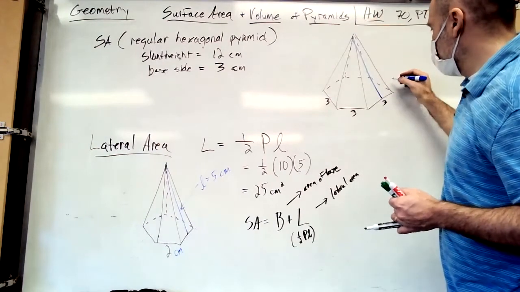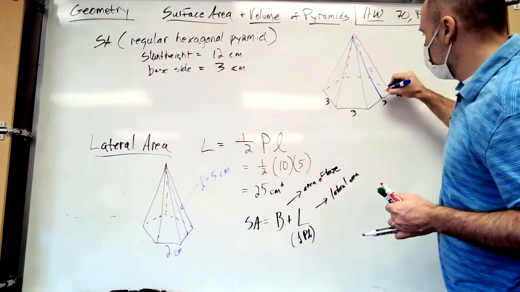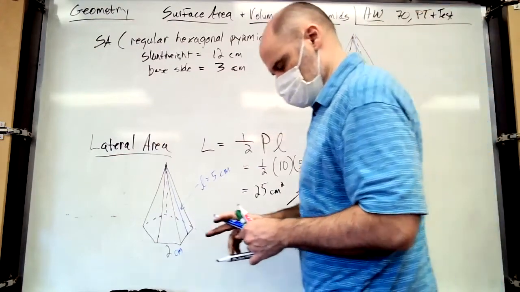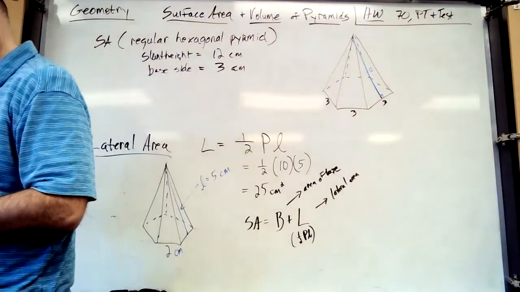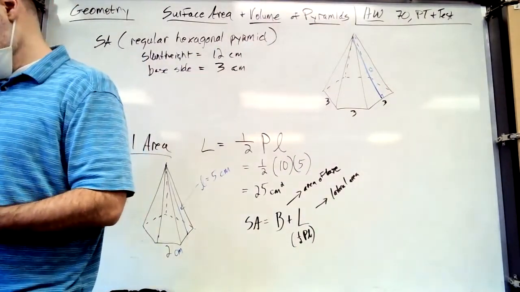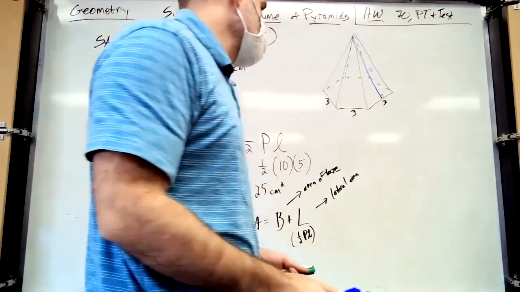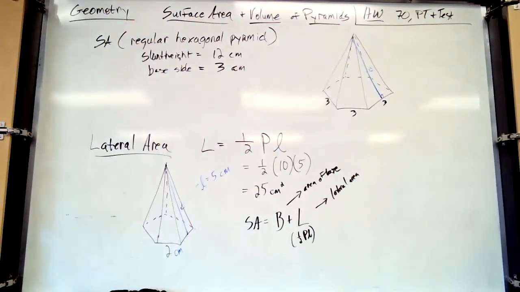Oh, yeah. So you could do this the old-fashioned way. Find the area of each of those sides, or you could just plug it into the lateral area formula. And then to find the area of that hexagon base, you could do it how Tori did it. Just break it up into 6 different triangles.